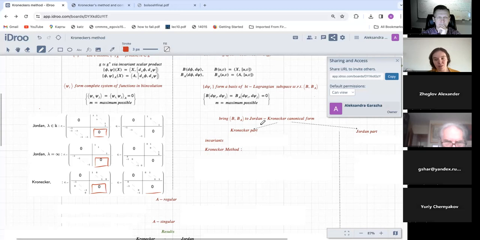So to obtain this basis, it's enough to find this basis for the canonical form. I will call it the canonical basis.